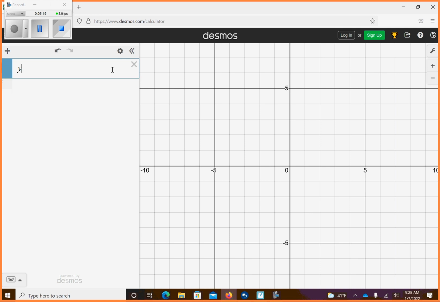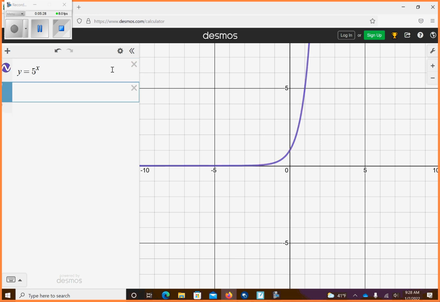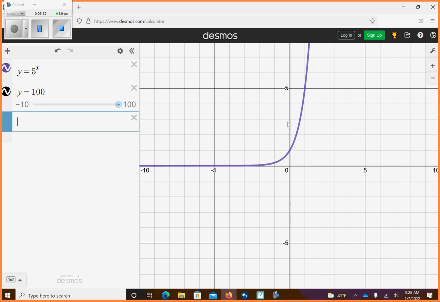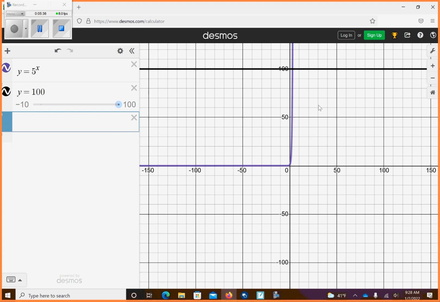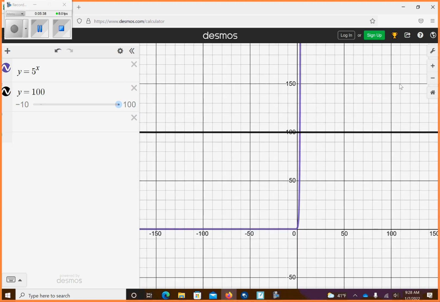So we do type this in first. We get that one, and then y equals 100. You can't really see the answer yet unless we zoom it out a bit. Okay, so that shows, that's giving us a verification that 2.861 is the answer.